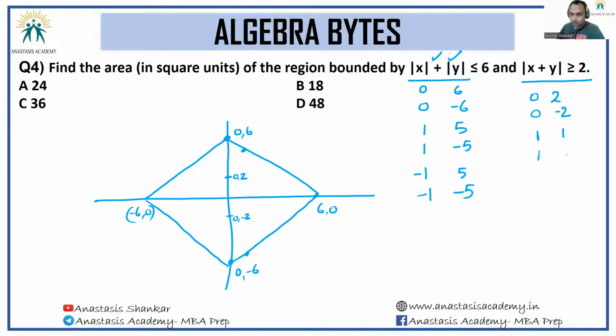Or y can also go to -3, (1, 1) and (1, -3). So you would get some line like this, and we would get some line like this.